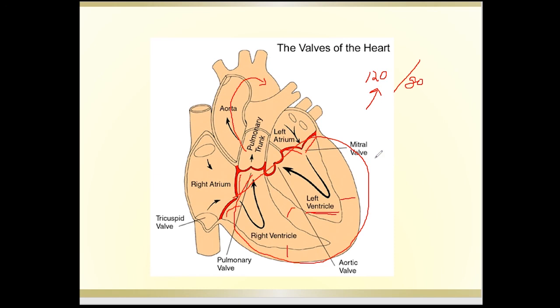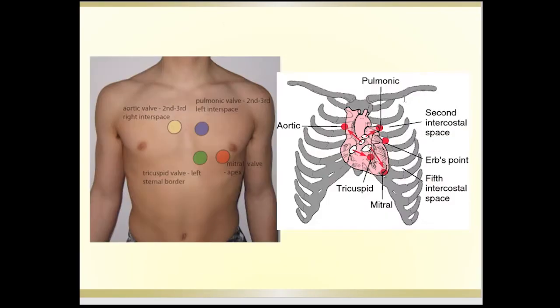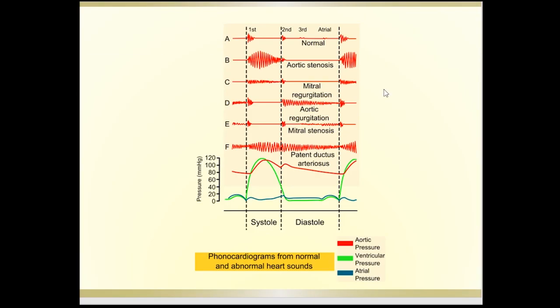So what do the sounds look like? Dong, da. The first dong is coming from the contraction of both sides of the ventricle. So if we make a picture of the valves here, this one is bigger.